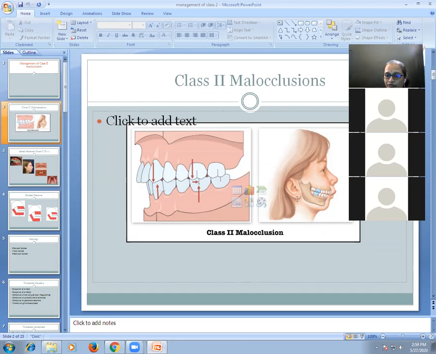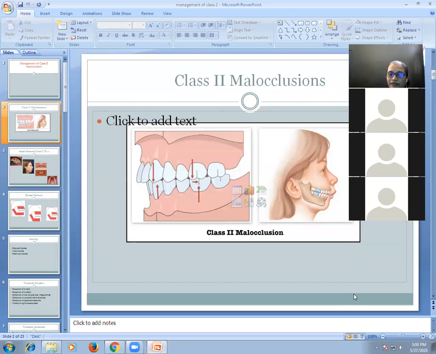There are three types of profile: straight, convex, and concave. Straight is when it is near to ideal, and it is considered an ideal straight profile. Then convex is when you have a retrognathic mandible or prognathic maxilla. So there will be a convex profile. Concave profile is when your mandible is prognathic and maxilla is retrognathic.